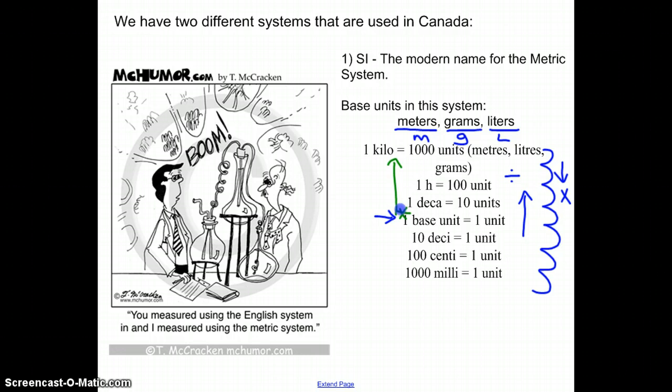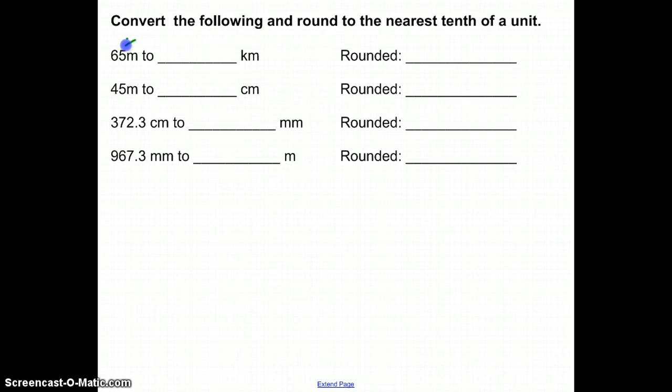From base unit to kilometers is 1,000 units, so we need to divide by 1,000, which would give us 0.065 kilometers. Now we're rounding it off to the nearest tenth of a unit. So what would we round that off to? No, to the nearest tenth. So 0.1, because the tenth would be the first digit after the decimal place.